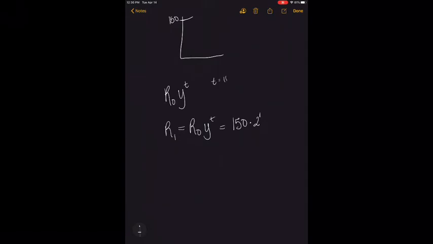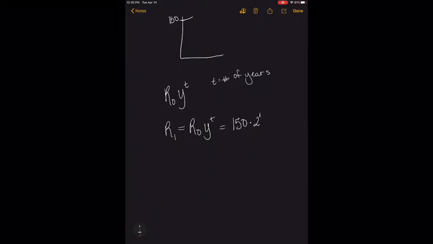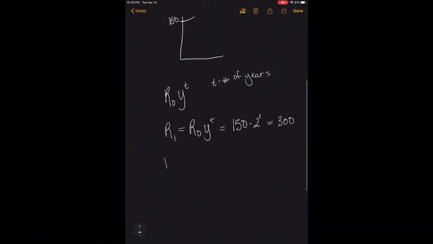Because t represents the number of years. Okay, so in this case, after his first year, he has 300 rabbits. R sub 2 would equal 150 times 2 squared, which is where they got 600.